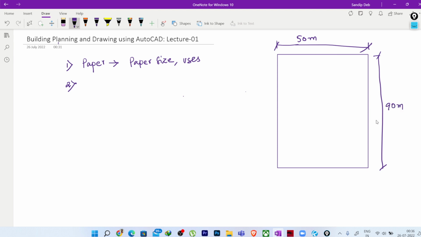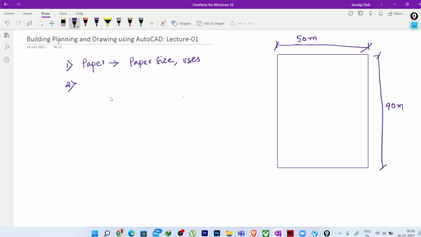Now this 50 meter by 90 meter is not possible to plot on the paper, right? Because we will not get a paper of this particular size. This is totally impractical. So we need to represent this 50 meter by 90 meter area on our paper in a different dimension.